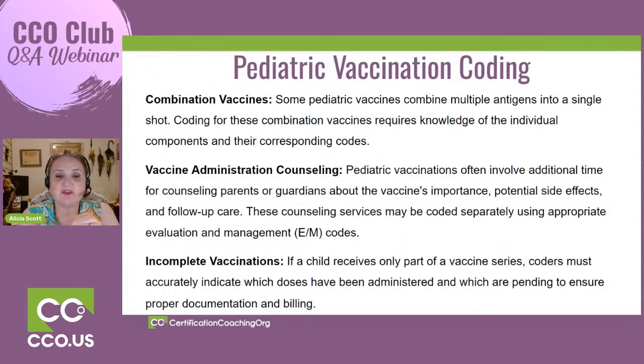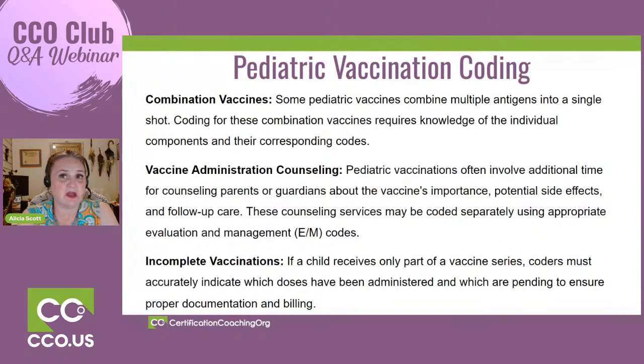Now, if you have incomplete vaccinations, if the child only gets so many vaccinations through a series, then you have to really be accurate and indicate which doses had been administered when, and be very aware of pending, and make sure the documentation and the billing is done accurately.